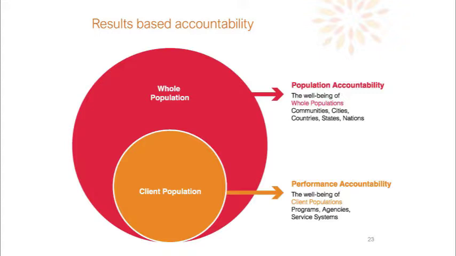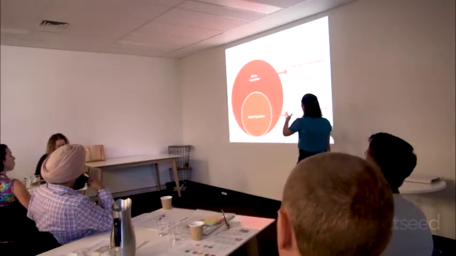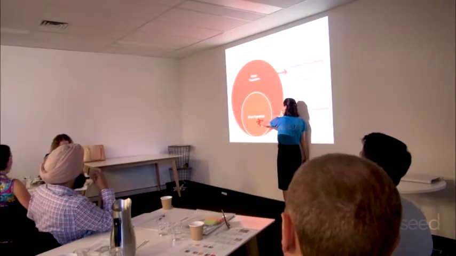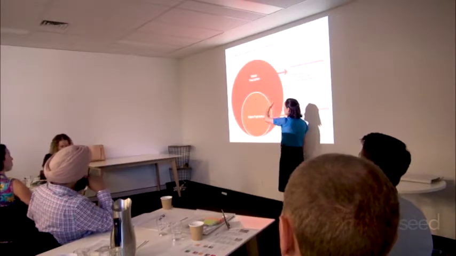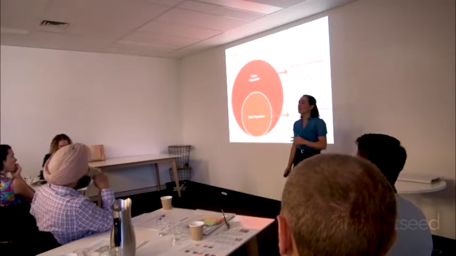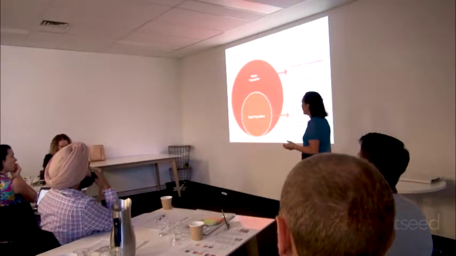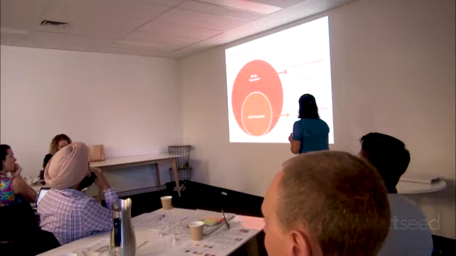So those of you who've looked at systems change, or when you're thinking that the program that's being run really does depend on the environment in which it's running, this method attempts to capture that.